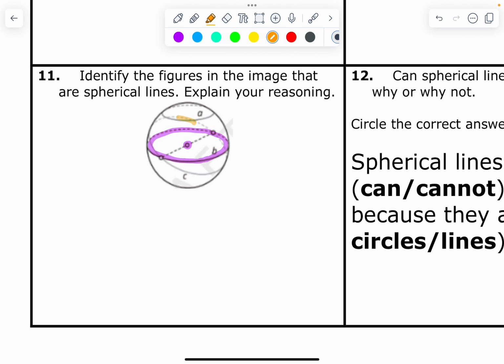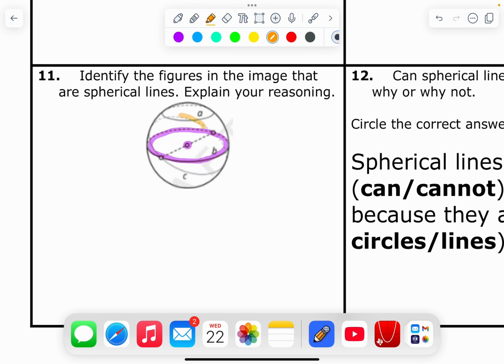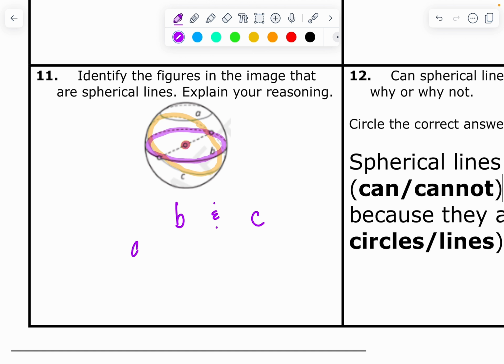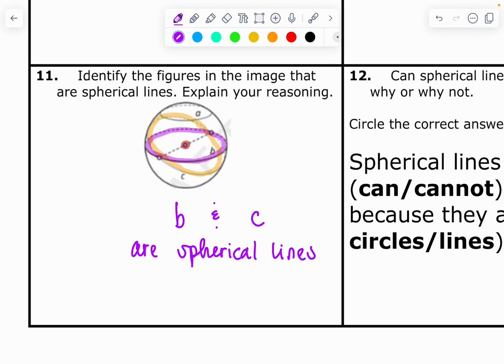That means this one is also a great circle, or a spherical line, for the same reason. It has the same center. So B and C are spherical lines, which are also called great circles.